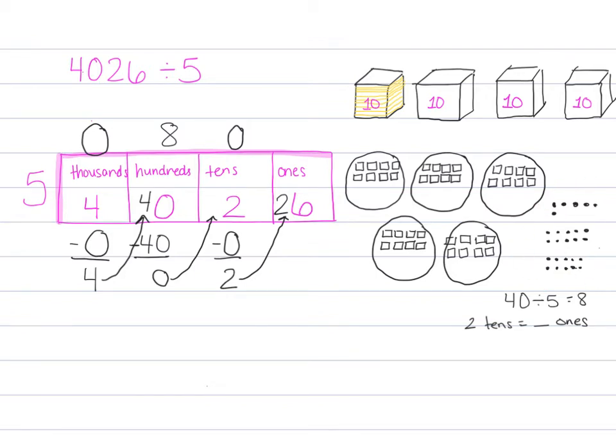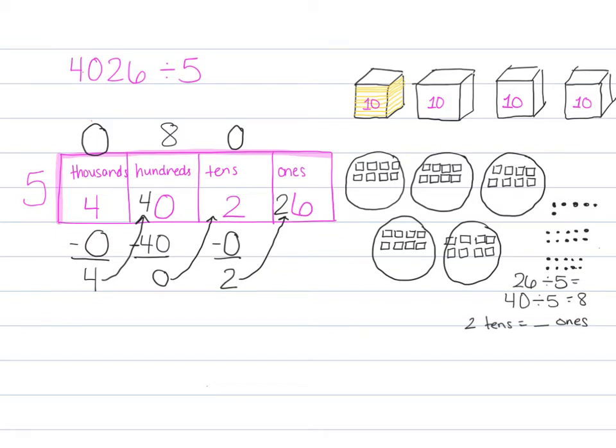Can we evenly put these into 5 groups? What is 26 divided by 5? Go ahead and count by 5s until you get to 26 without going over. We know that 5 times 5 is 25, and that's very close to 26 without going over.